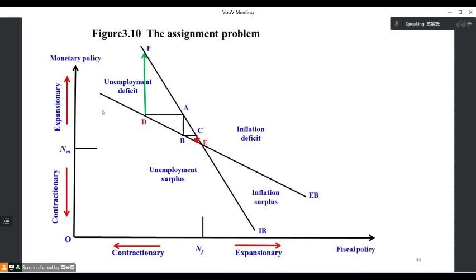And in this figure, there are two lines. One is EB, and another is IB. IB means internal balance. EB means external balance. Let's go on.